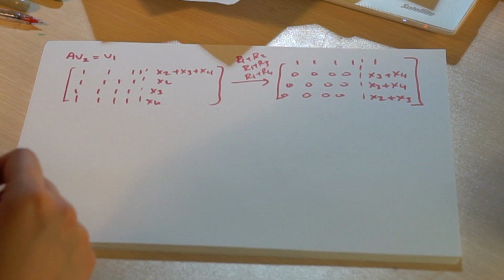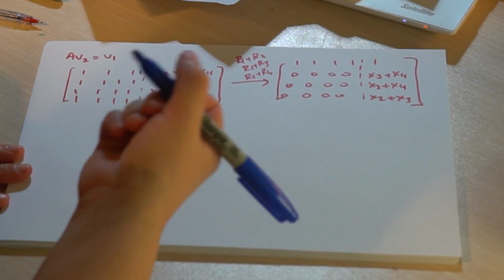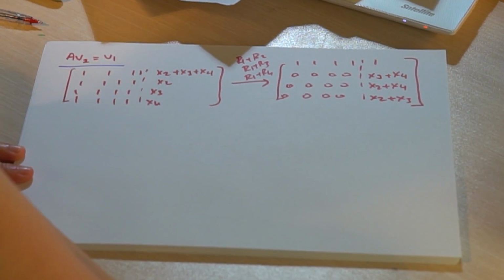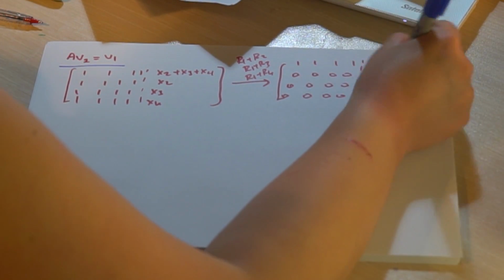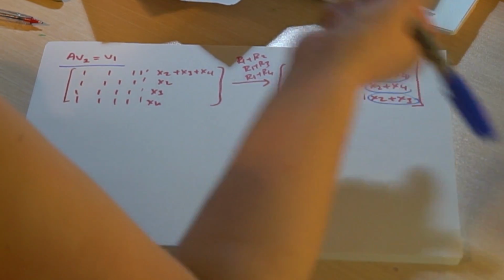Now we have this system, but this system must have a solution, right? We know that AV2 is equal to V1, so these must be equal to 0.